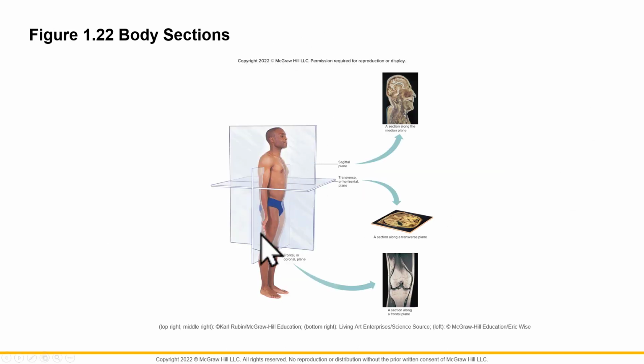So if you take a look at this, this again is a very typical picture of what this looks like, and it depends on what kind of section is being made, what it looks like. This looks totally different from this, because this is what? A sagittal section. You're cutting it right down, so you're seeing part of that head, versus cutting it across and you're getting a transverse section.